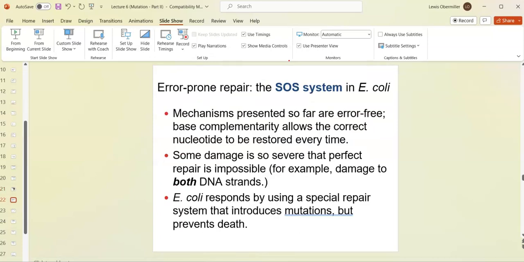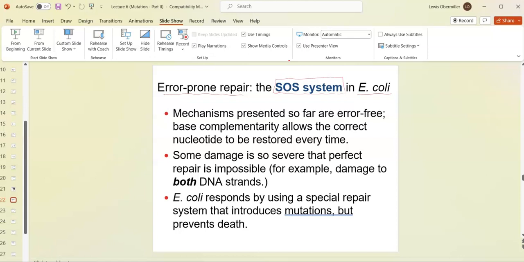Okay, so another system is an error-prone repair system. So in E. coli, again they don't care. They're going to have lots of offspring. So what if a few of them get a whole ton of mutations? So in E. coli, there's a specific polymerase that can initiate an SOS repair, right?